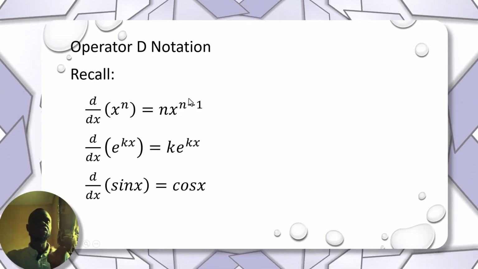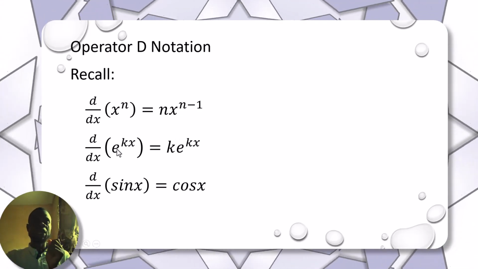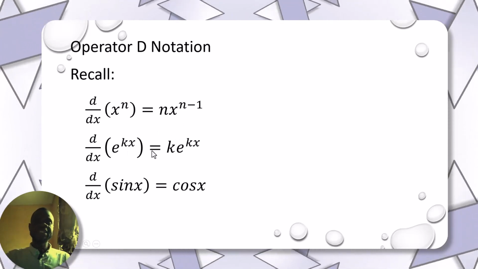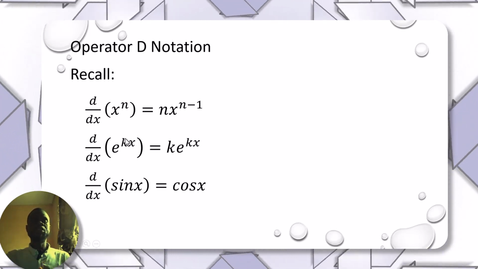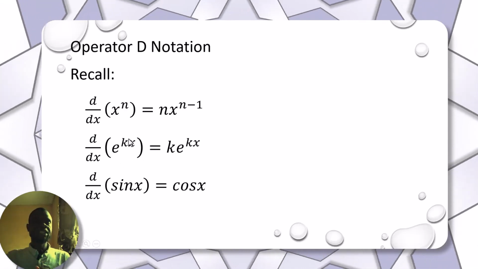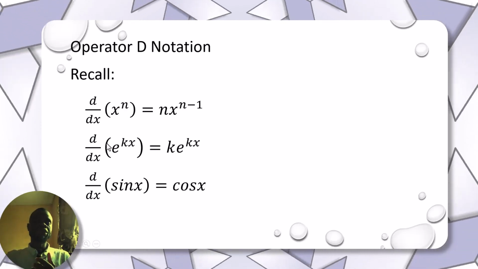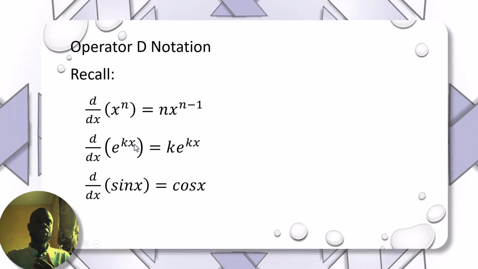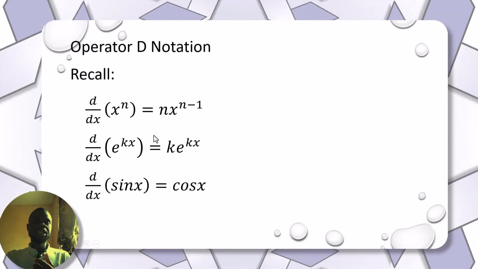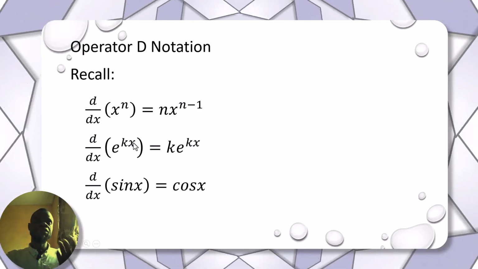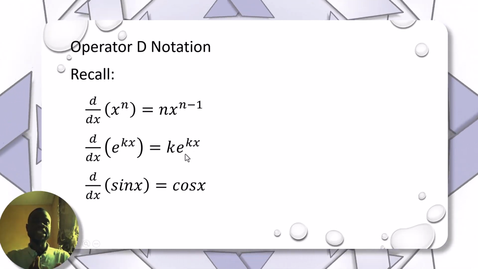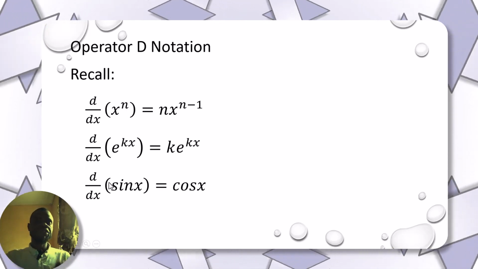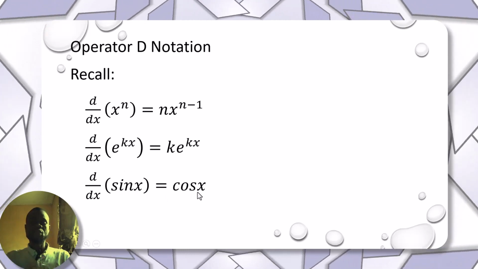That is the normal differentiation that we know. And also we have e to the power of kx. Differentiating this, we have to differentiate, let's say, a function of a function. You differentiate this entirely, it will still give you this. Then differentiate kx, which will give you k, then multiply it, and we have this. Then when differentiating sine x, it will give you cos x.